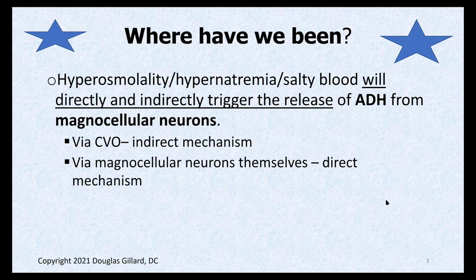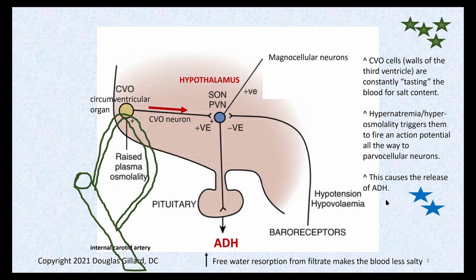We talked about the CVO mechanism and how that was an indirect mechanism that triggered magnocellular neurons to release ADH. And we talked about how the magnocellular neurons themselves could also directly sense hypernatremia, which in turn causes the release of ADH. Quite an interesting setup.